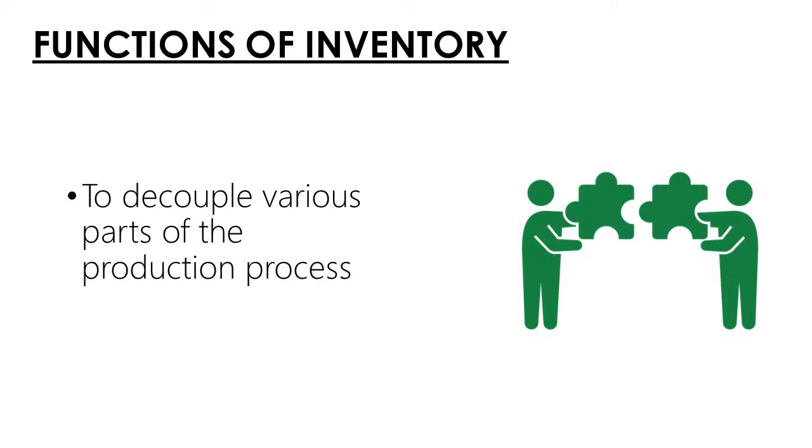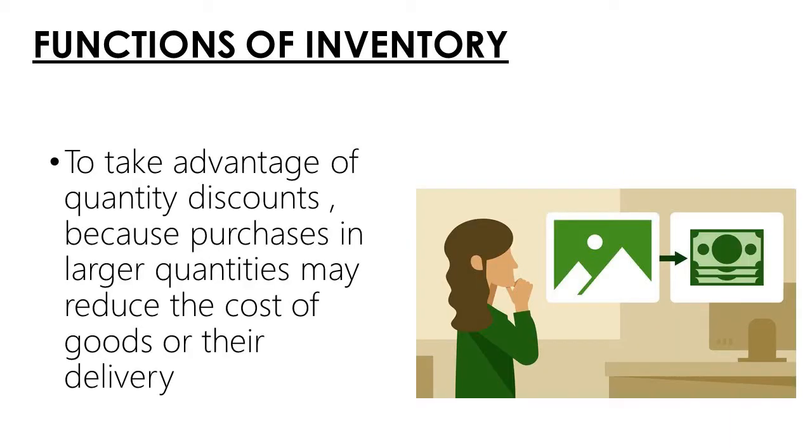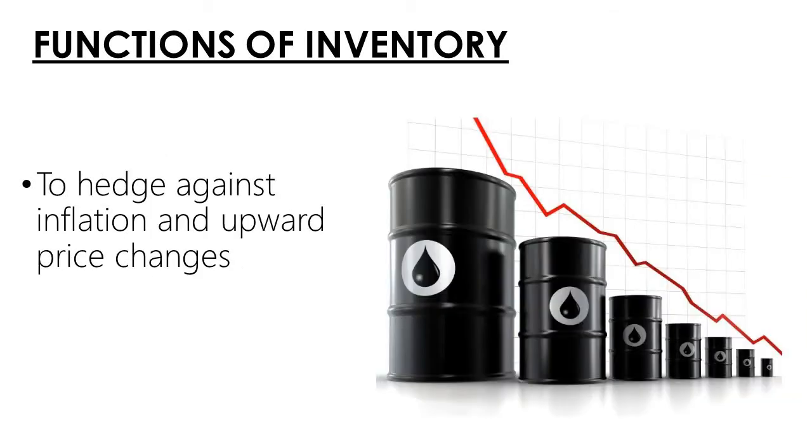For example, if a firm's supplies fluctuate, extra inventory may be necessary to decouple the production process from suppliers. Number three, to take advantage of quantity discounts because purchases in large quantities may reduce the cost of goods or their delivery. And number four, to hedge against inflation and upward price changes.